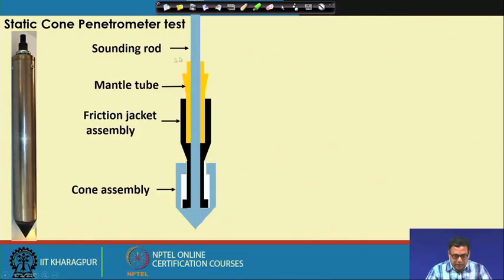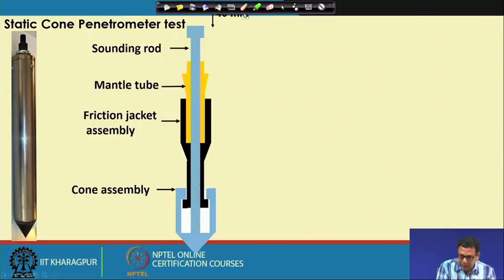Now this is the first stage. What we will do is push the total sounding rod along with the cone assembly by 40 millimeters. It is not visible here, so I can write it for you: this is 40 millimeter.